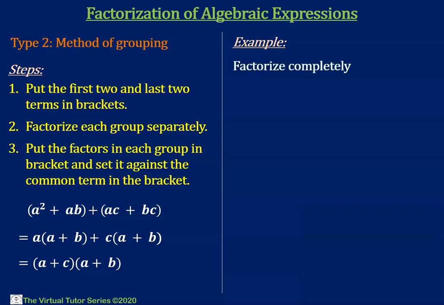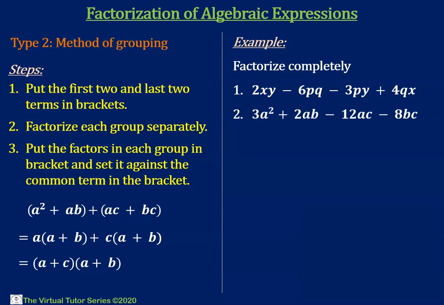Factorize completely. Solution. Example 1. 2xy minus 6pq minus 3py plus 4qx.